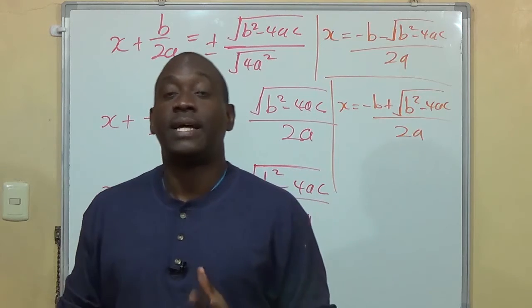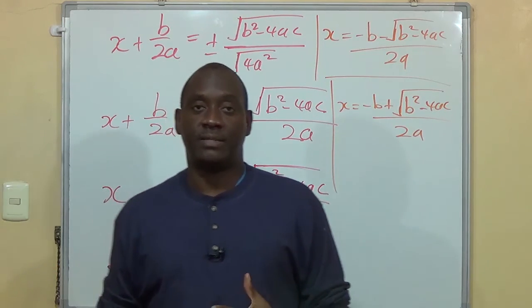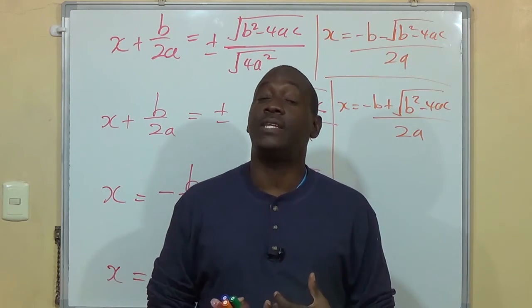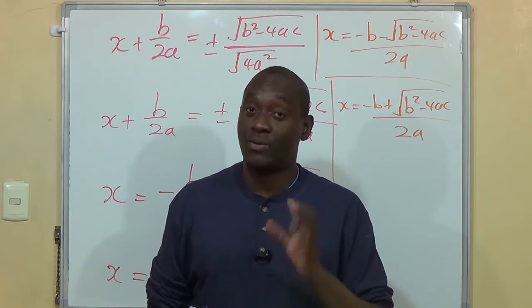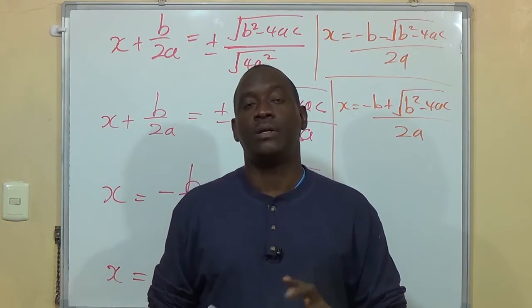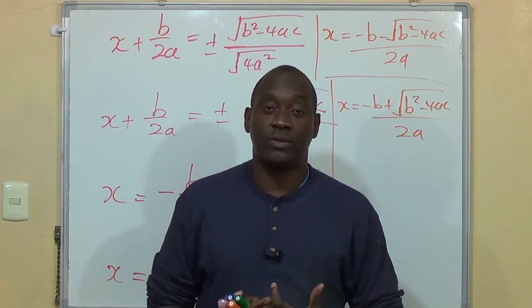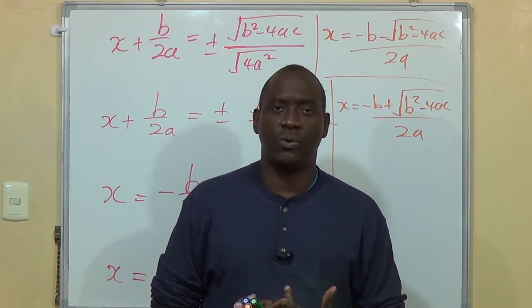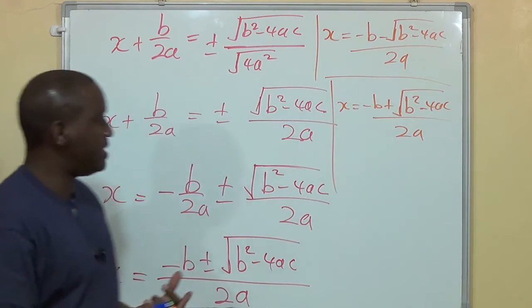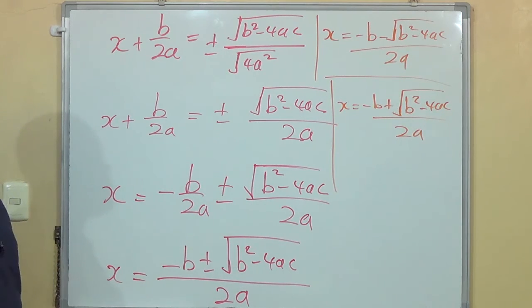That is a hint that the equation is not factorizable. And generally speaking, if a quadratic equation is not factorizable, we go straight to the quadratic formula.